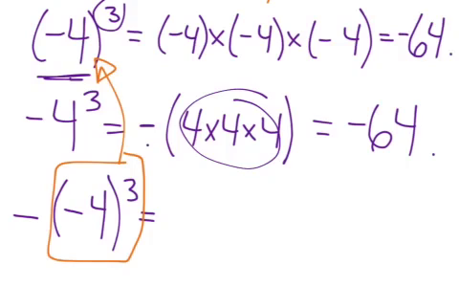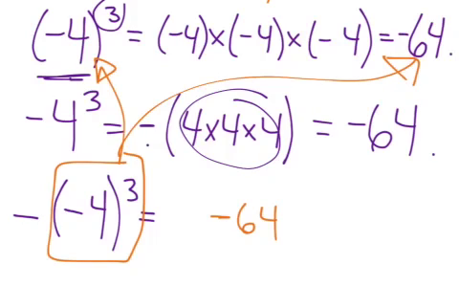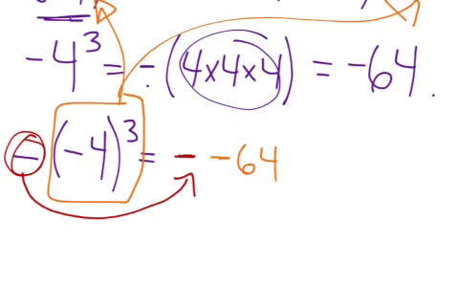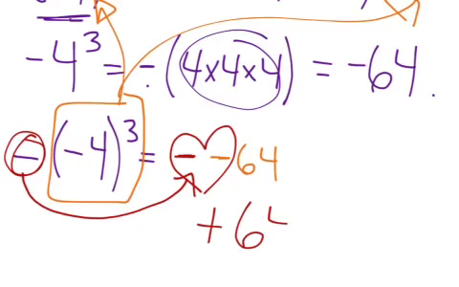We know that (-4) to the power of 3 is -64. So this becomes -64. However, there is still this negative sign that we have to deal with. So that negative sign is still right here. So if we combine two negatives together, it becomes a plus sign. So the answer for this would actually be positive 64.